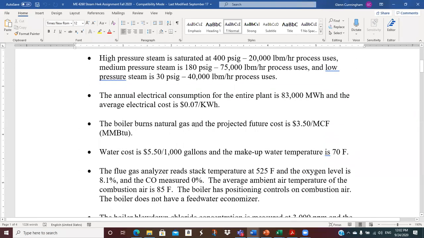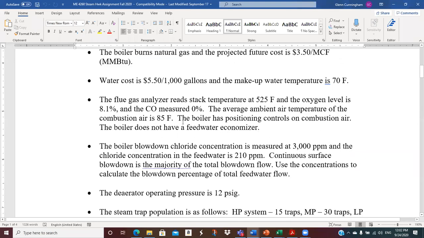So we're burning natural gas, 350 a million BTUs, water cost, flue gas initial stack temperature 525, pretty high, and oxygen 8.1, no CO, so at least we're burning the fuel. Ambient temperature is 85, so you've got all the information you need to calculate a stack loss.